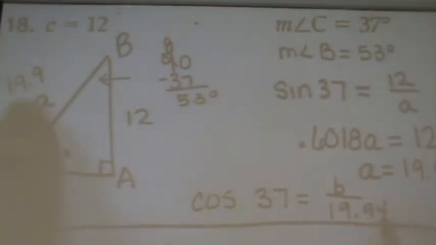So I would write cosine of 37 is equal to the side adjacent over the hypotenuse, 19.94. So cross multiply, so cosine 37 times 19.94, and I get about 15.9.